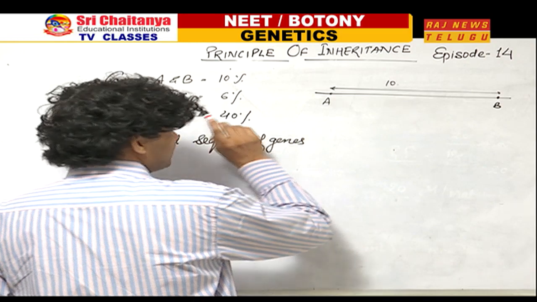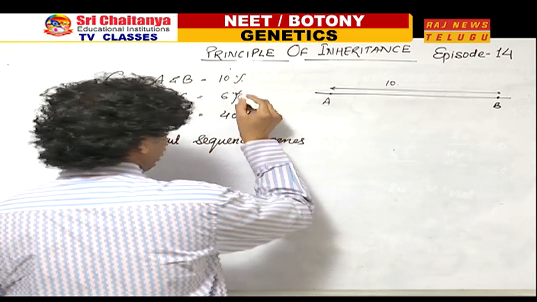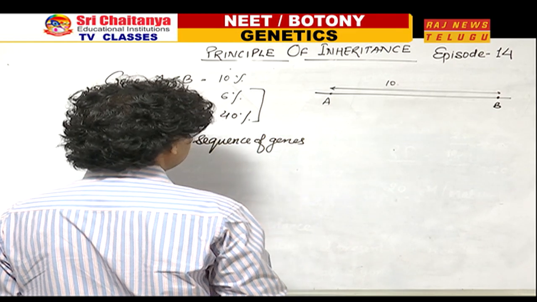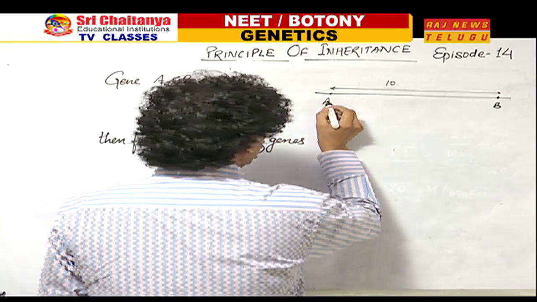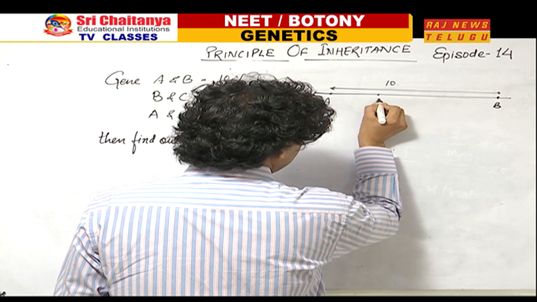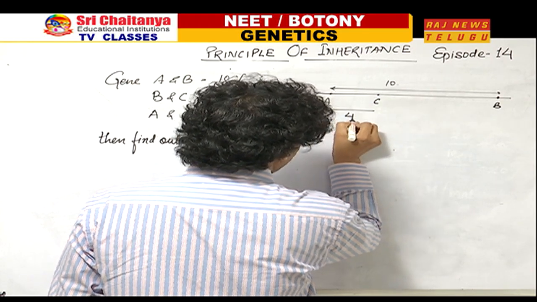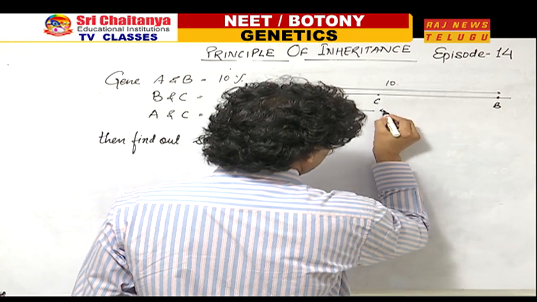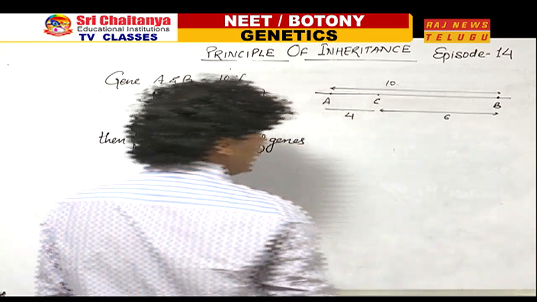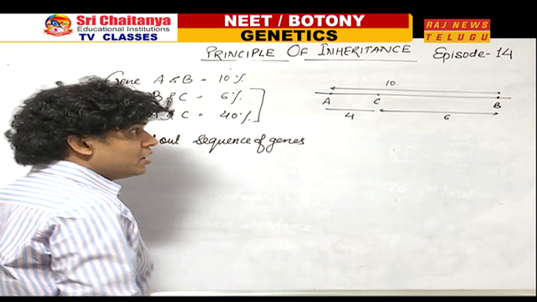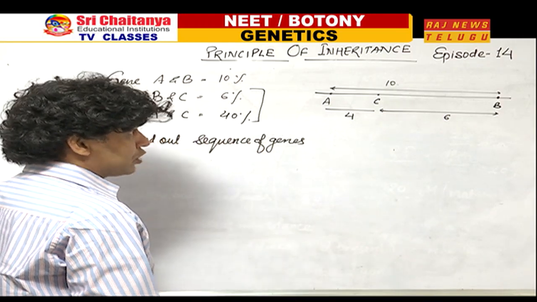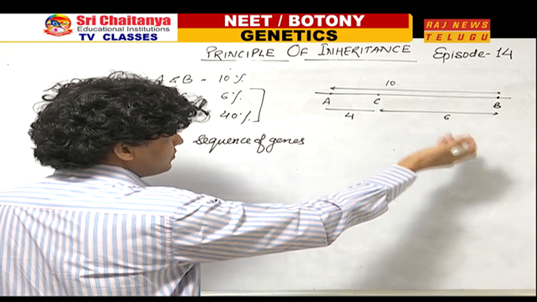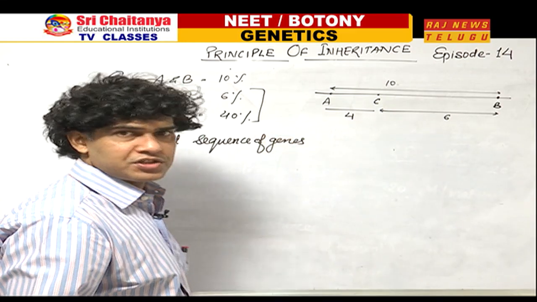Now distance between the gene A and B is equals to the sum of these two, means equals to the distance between the gene B and C and A and C. It means this A followed by the C, this is 4 map unit distance, and B and C 6 map unit. It means sequence, that is true. It means sequence of the gene on the chromosome is what? A, C and B, or you can also say B, C, A, whatever the choice is given to you, accordingly you can do.